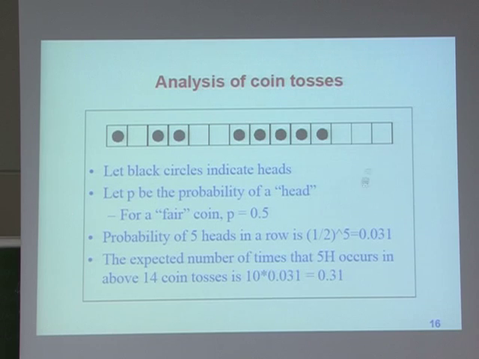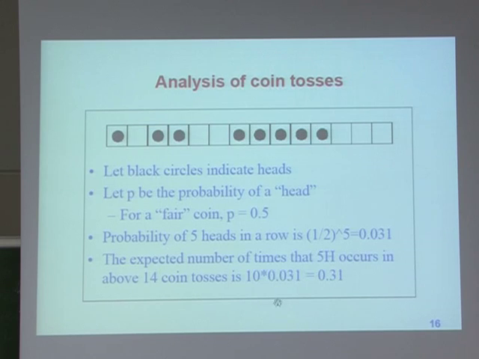And the expected number of times that 5 heads is going to occur in these 14 coin tosses, because we performed the experiment 10 times, and the probability of observation in a single experiment was 0.03, but we tried this 5-head experiment 10 times during these 14 tosses.